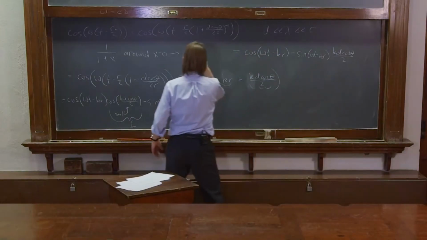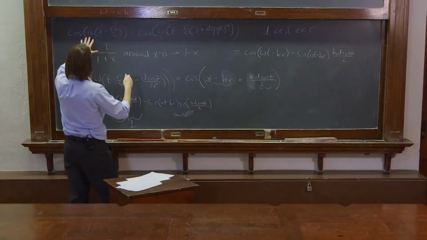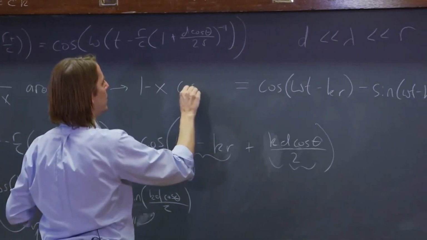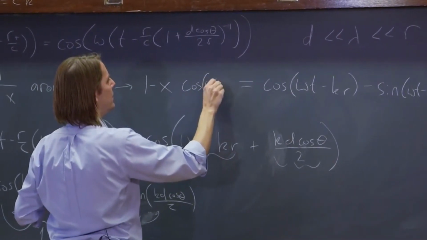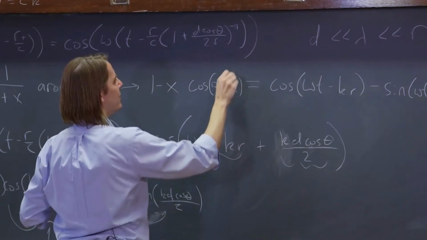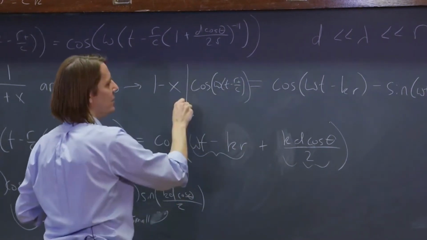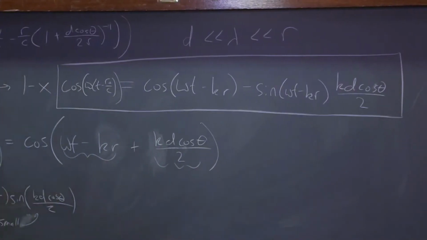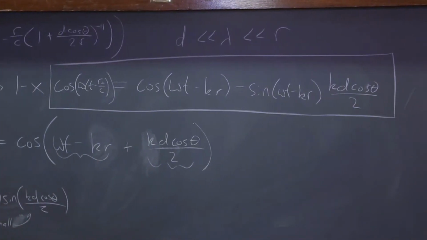What that lets us do is write our final part: this is cosine of omega t minus kr, times 1, minus sine of omega t minus kr times kd cosine theta over 2. And this was basically the cosine of omega t minus kr plus term. That's getting sloppy, but nobody's watching at this point anyway. So that is one of the 4 things we had to calculate.